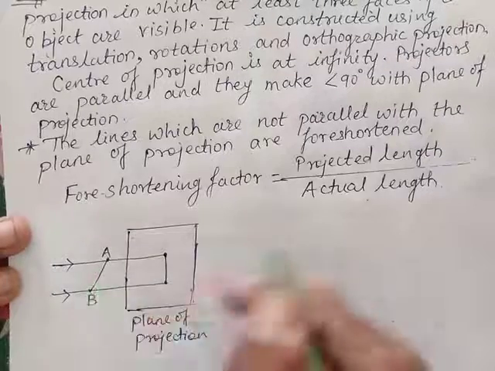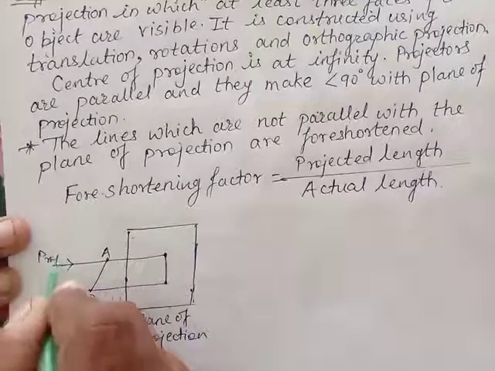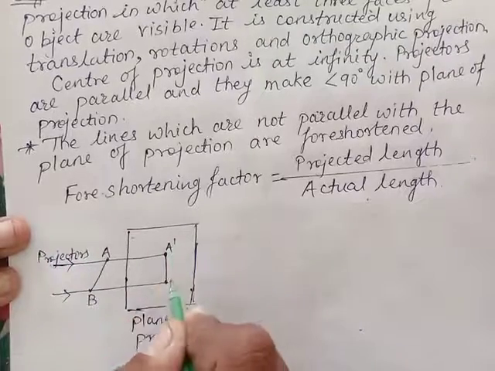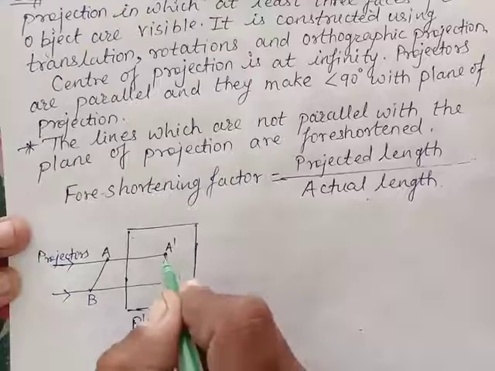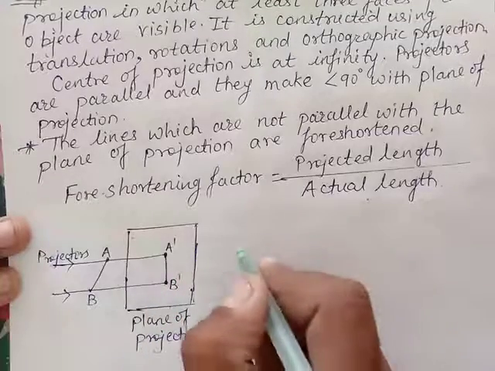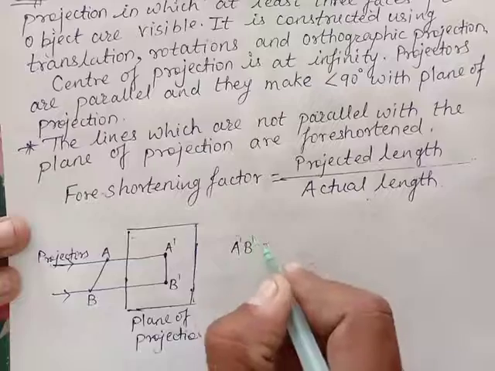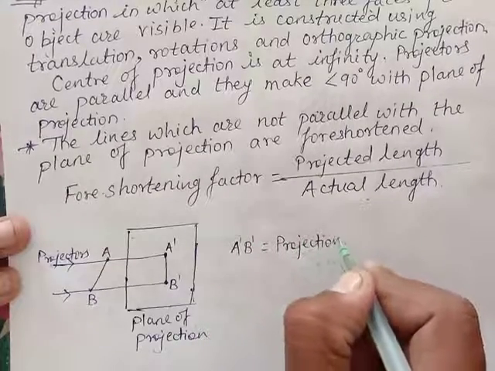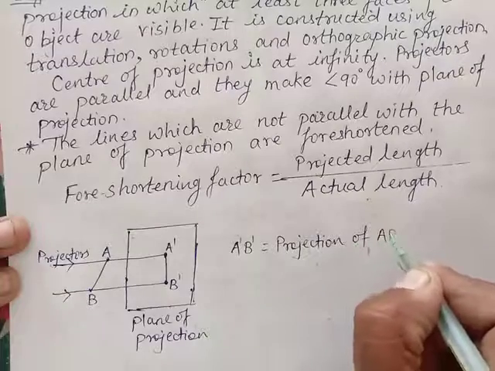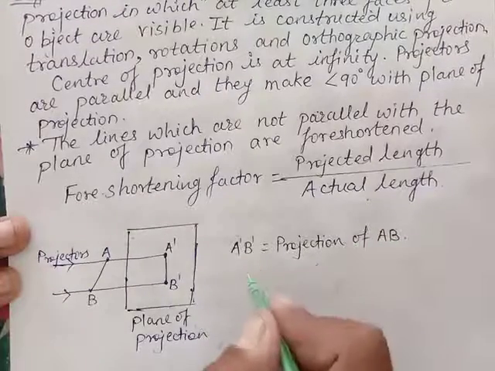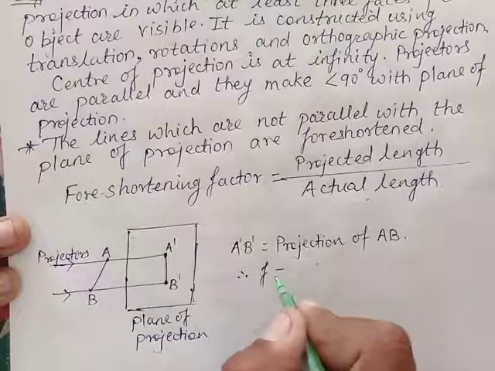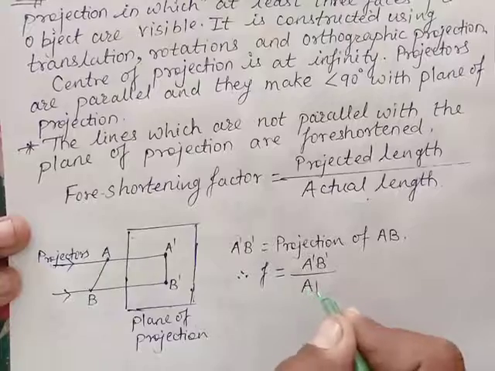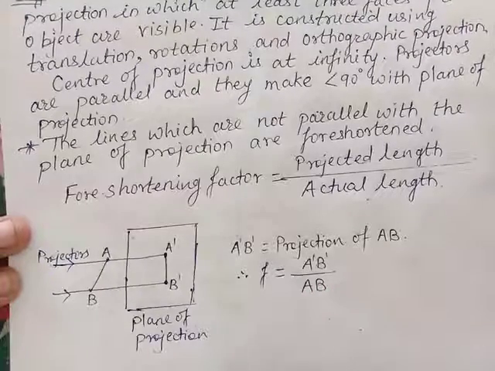These are projectors. This will be projected as A dash and B dash. So this A dash B dash is the projection of AB. Therefore, F is A dash B dash upon AB, the ratio of their lengths.